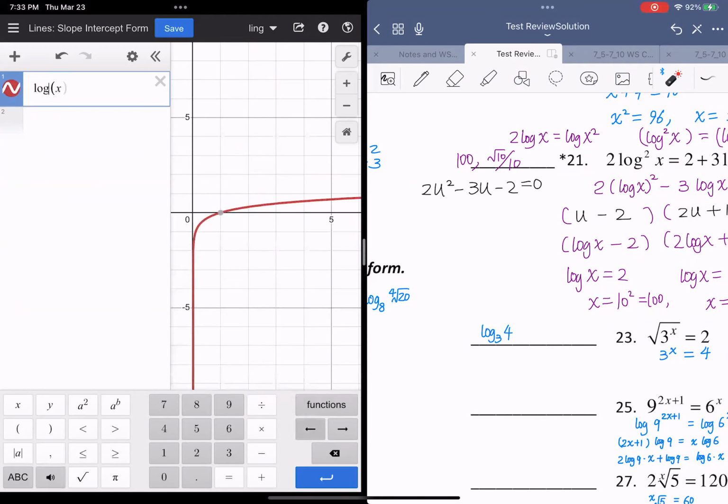If you put this as 2, you will see that is the same as you put this guy squared. But if you do log x, and then you do parentheses, and then you do square, it's totally different.